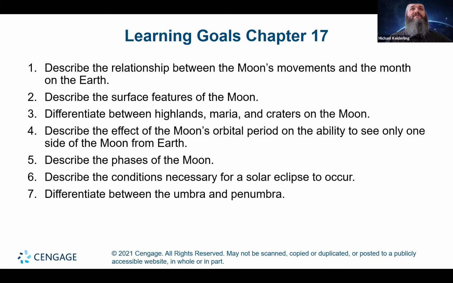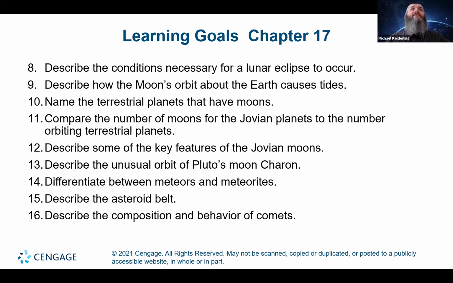We'll describe the conditions necessary for a solar eclipse to occur. And we'll differentiate between the umbra and the penumbra. We'll talk about the necessary conditions for a lunar eclipse to occur. We'll discuss how the moon's orbit about the Earth causes tides. We'll name the terrestrial planets that have moons.